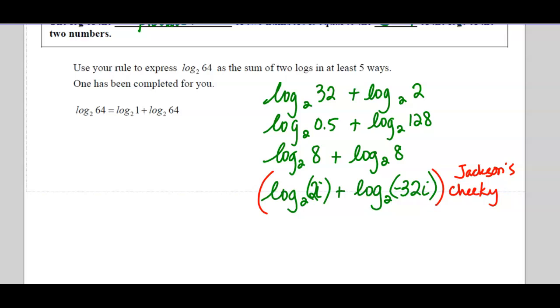So we've only got 1, 2, 3, 4. Need another one. One uncheeky one. You're missing one. Okay, let's do another.